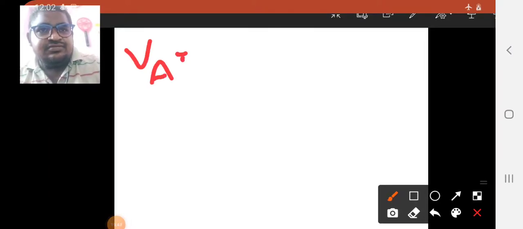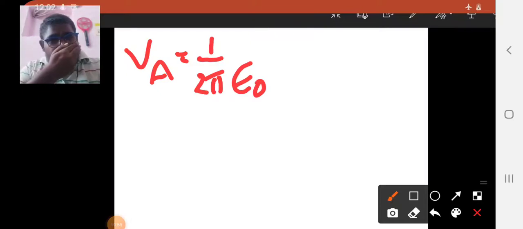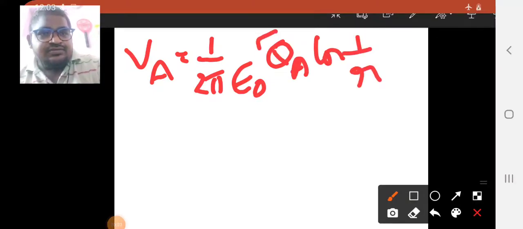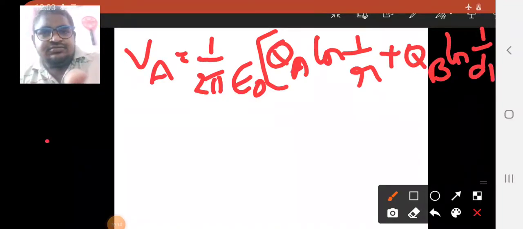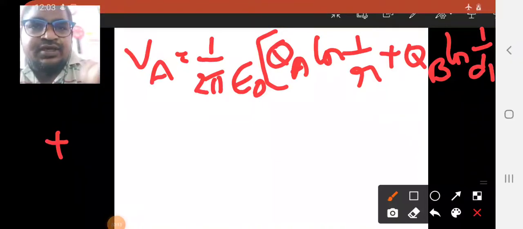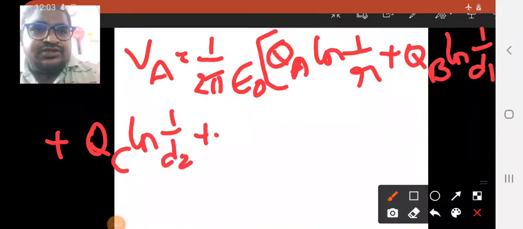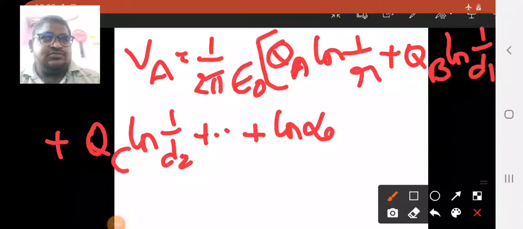Then VA is equal to 1 by 2 pi epsilon naught, QA into ln 1 by R plus QB into ln 1 by D1 plus QC into ln 1 by D2 plus so on, plus if I take ln infinity as common, it will be QA plus QB plus QC.